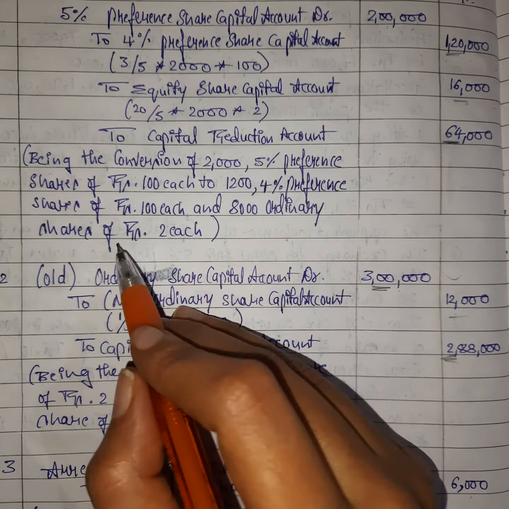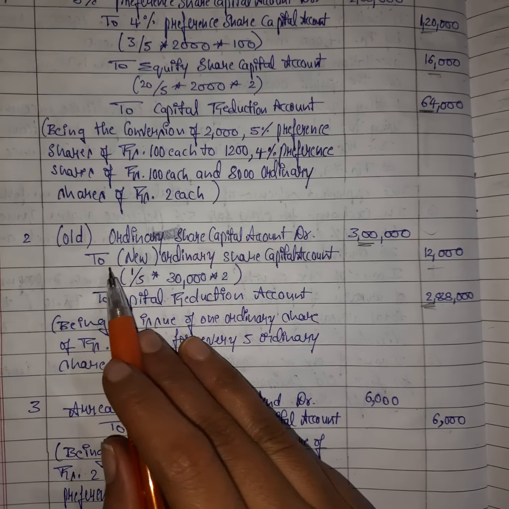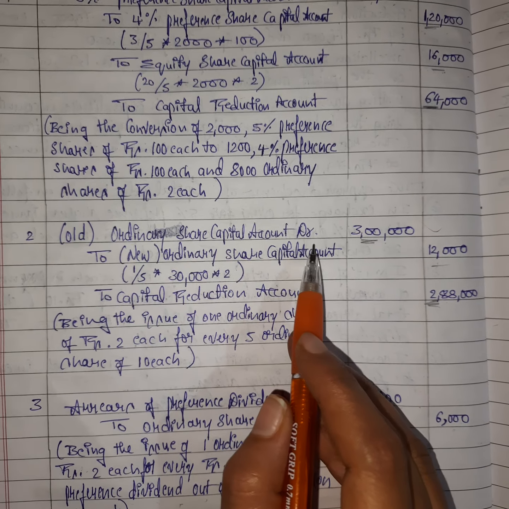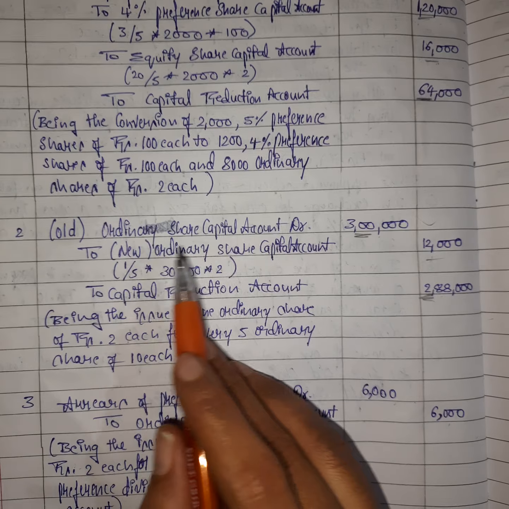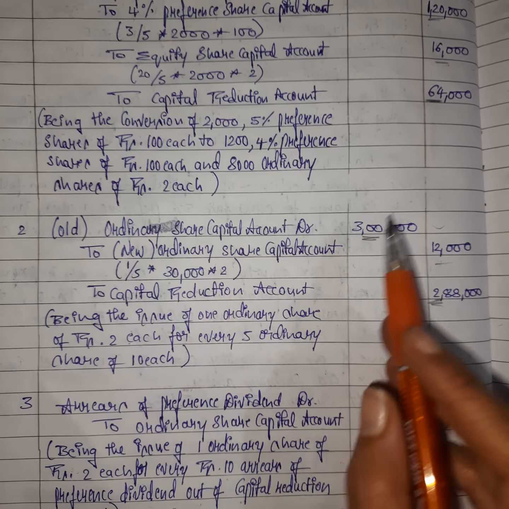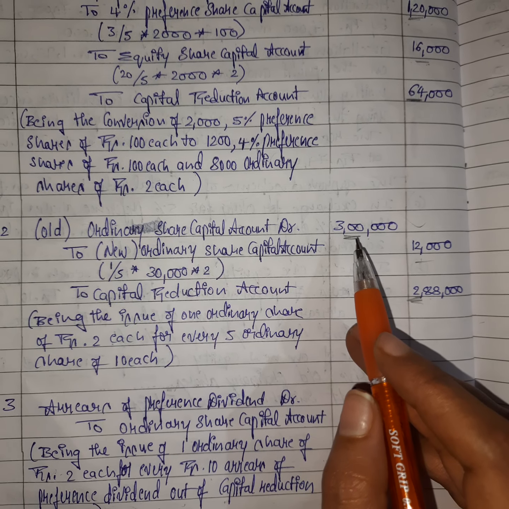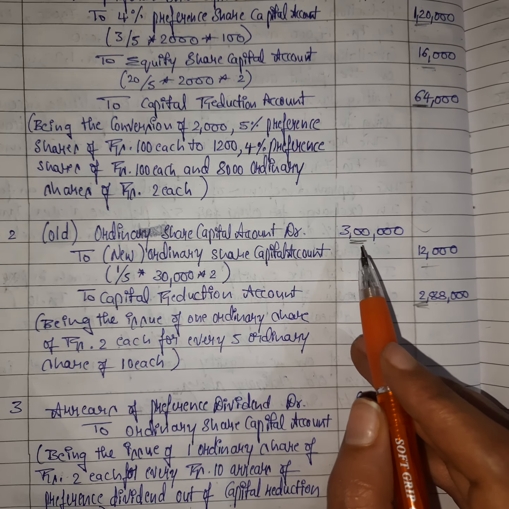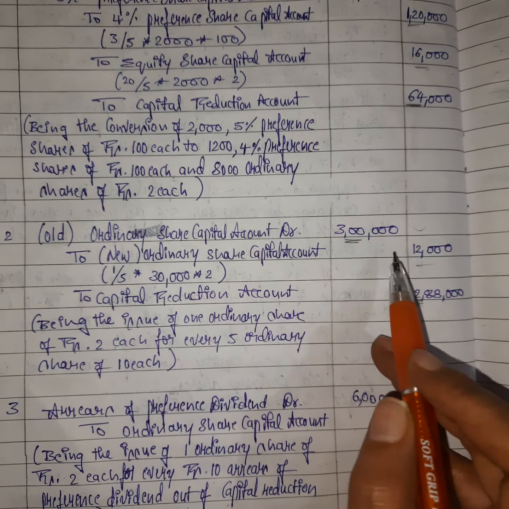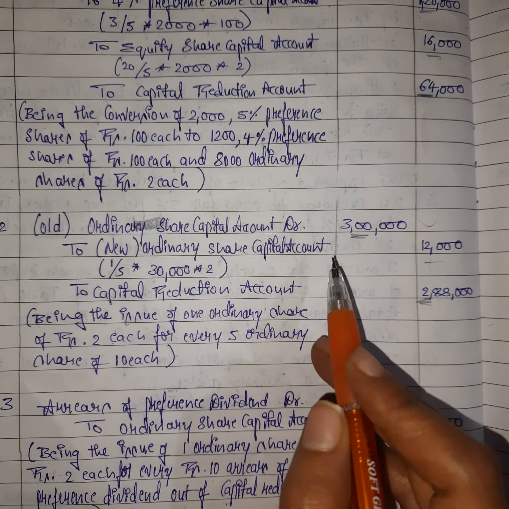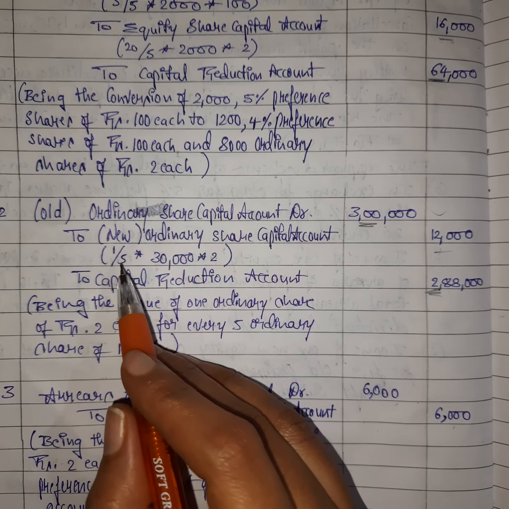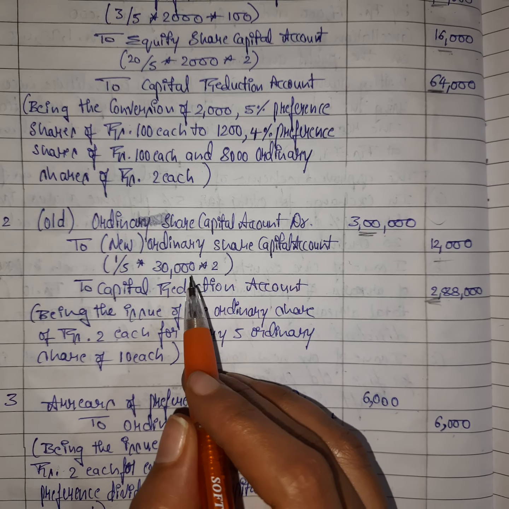So coming to second entry, old ordinary share capital account debit. Ordinary share or equity share, it is same. Debit 3 lakh. In the problem they have mentioned 2 lakh is preference share and 3 lakh is ordinary share or equity share. Coming to next, to new ordinary share capital account. 1/5 into 30,000 into 2.